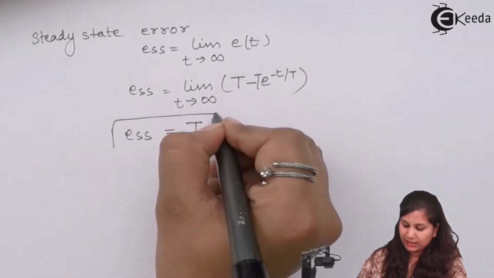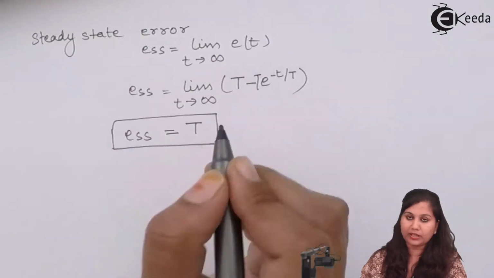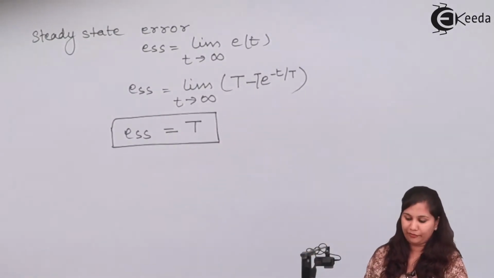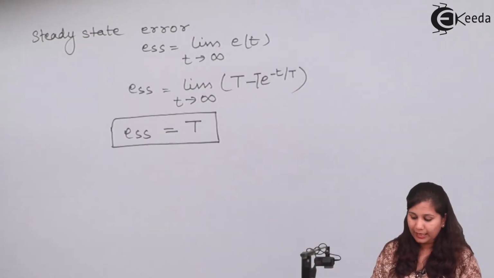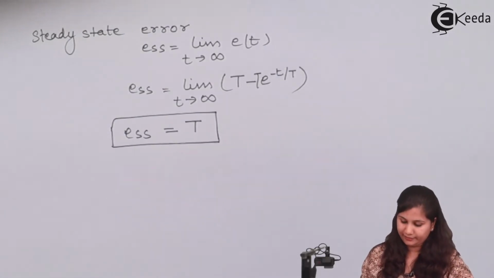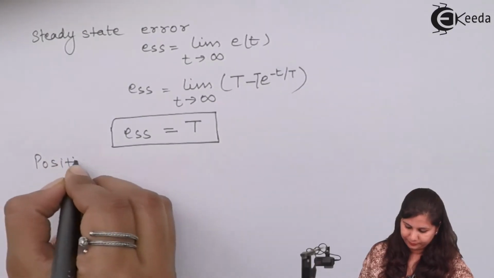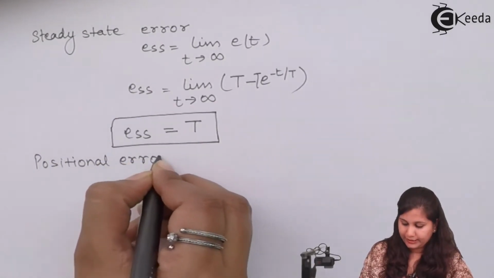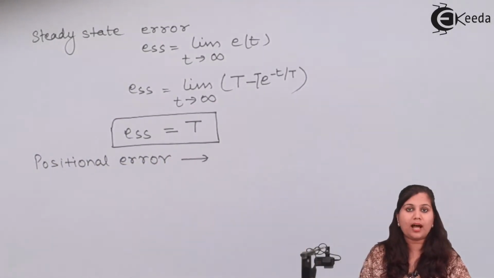So the steady state error is equal to the time constant for the unit ramp function. And this steady state error is called the positional error.